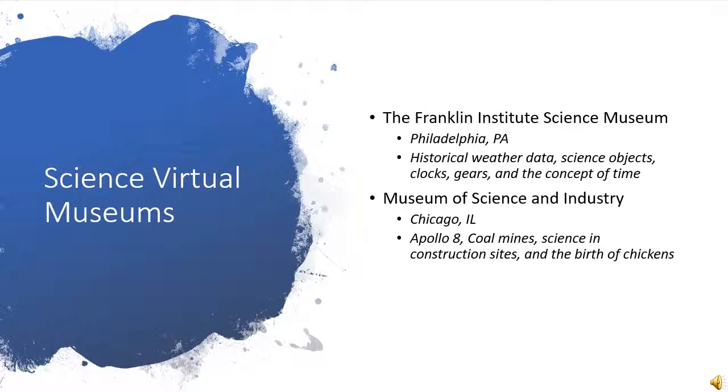This is a great resource for a science classroom. Also, the Museum of Science and Industry in Chicago specializes in Apollo 8, coal mines, science in construction sites, and oddly enough, the birth of chickens. Also, more science things that could be integrated into a science classroom.